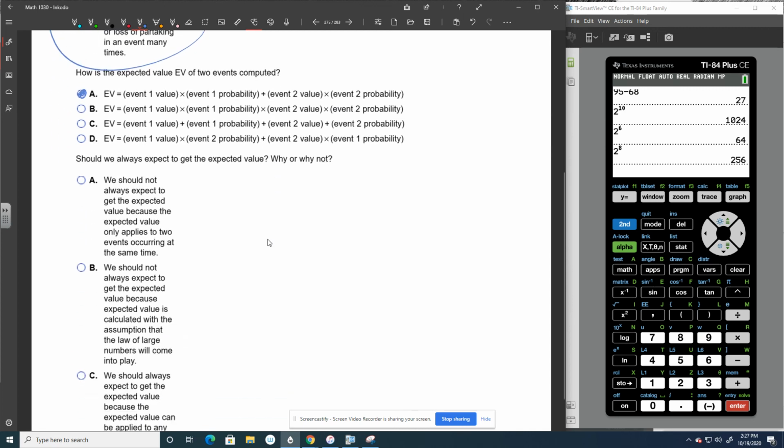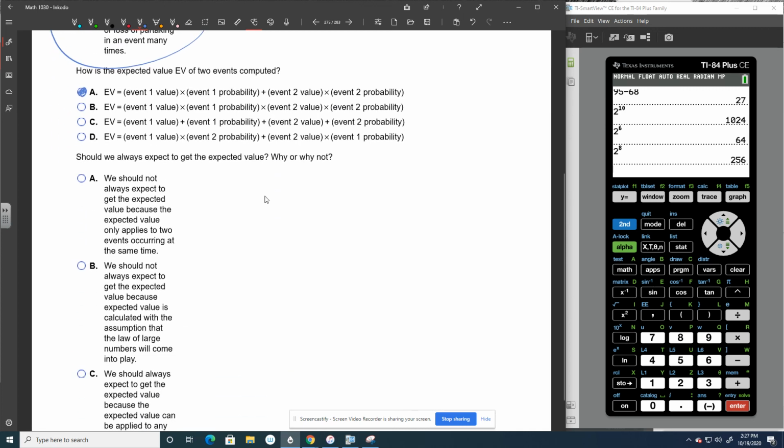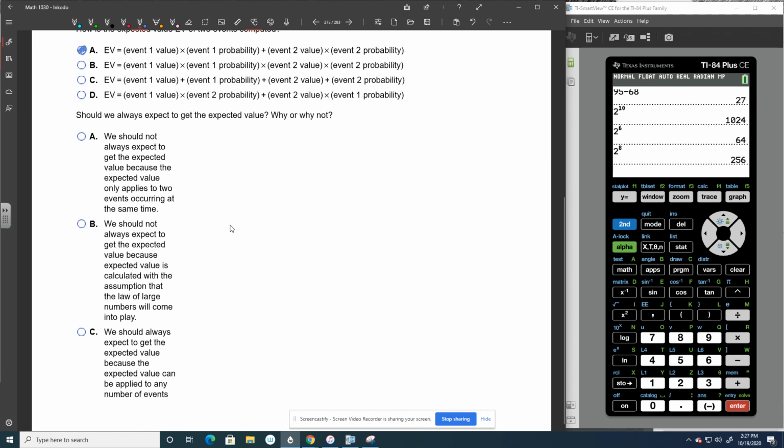Then it goes on to ask, should we always expect to get the expected value? Why or why not? Well, of course not. We should not always expect the expected value because it is calculated with the assumption that the law of large numbers comes into play.